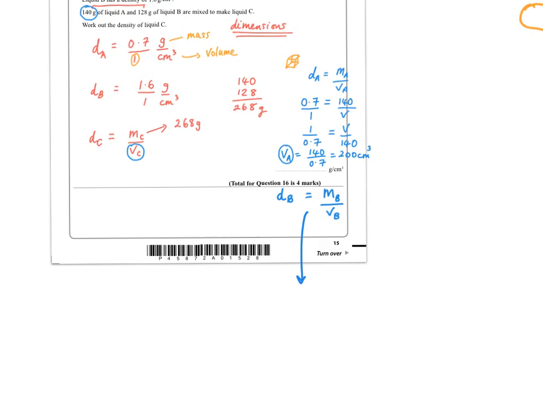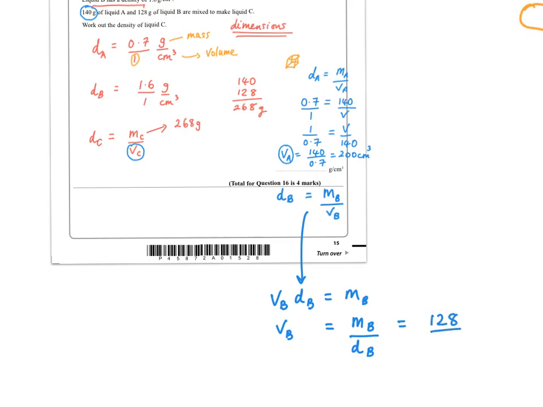You can times both sides by VB, so VB dB will equal MB, and then divide both sides by dB. You don't need a formula triangle to help you remember that, you can just use your algebra, that's how you should be doing it. And then put in the numbers. So the mass of B was given, and that was, I believe, 128 grams.